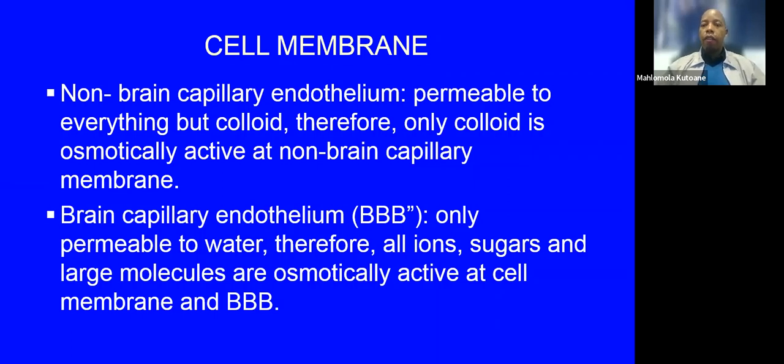Therefore, only colloids are osmotically active at the non-brain capillary membrane. And the second one is the brain capillary endothelium, which is the blood-brain barrier, and it is only permeable to water. Therefore, all anions, sugars, large molecules are osmotically active at the cell membrane and the blood-brain barrier.